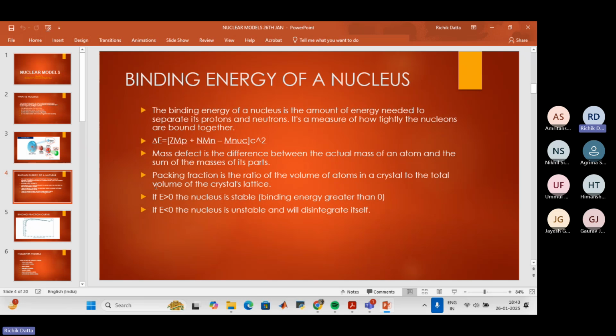There are so many other parts. The mass defect is the difference between the actual mass of the atom and the sum of the masses of its parts. The actual mass of the atom we can measure in AMU. If I say the mass of hydrogen is 1 gram, it is not exactly correct.